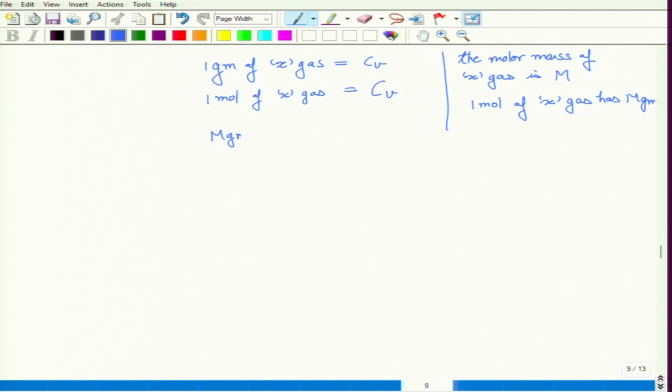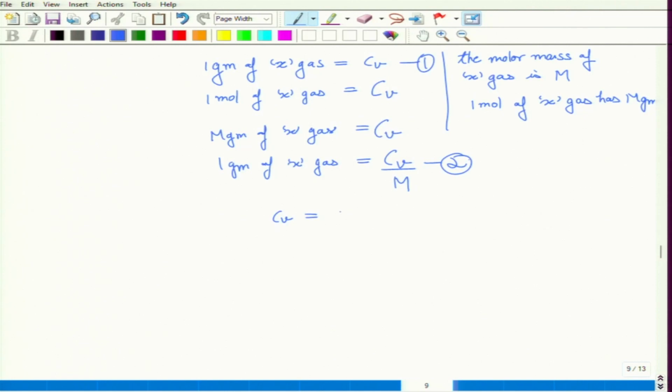m gram of X gas has specific heat Cv. So 1 gram of X gas has a specific heat Cv by m, and so we can relate this with this. So what we get is small c is equal to Cv by m.